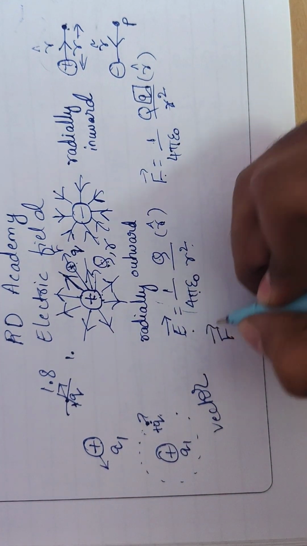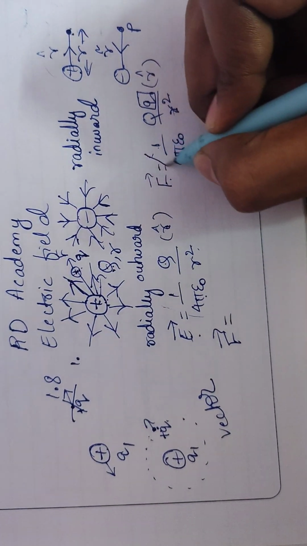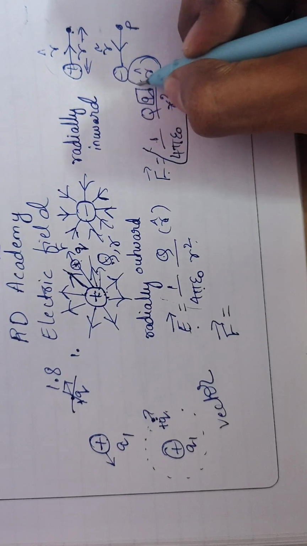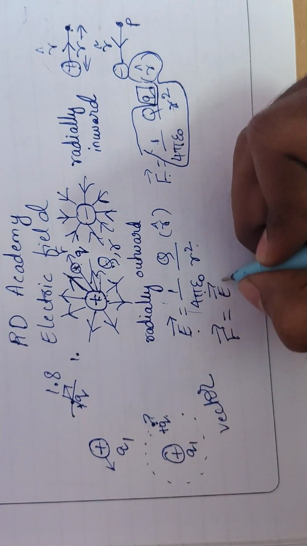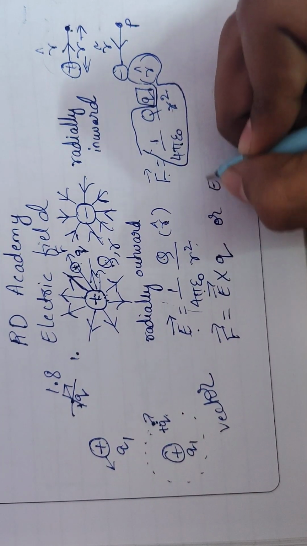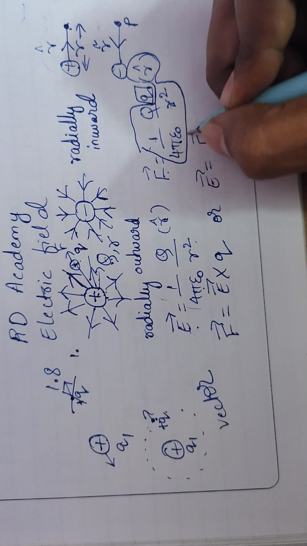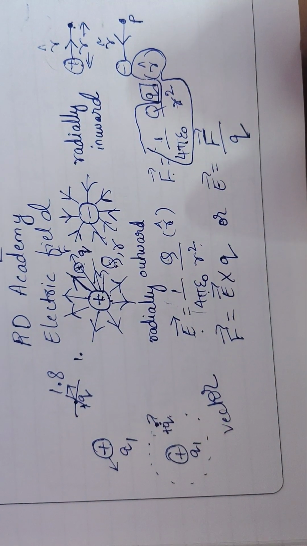So I can write the electrostatic force of attraction or repulsion: this entire thing apart from this small q is nothing but your E. Your E vector multiplied by q, or your electric field is nothing but the ratio of electrostatic force to the charge.